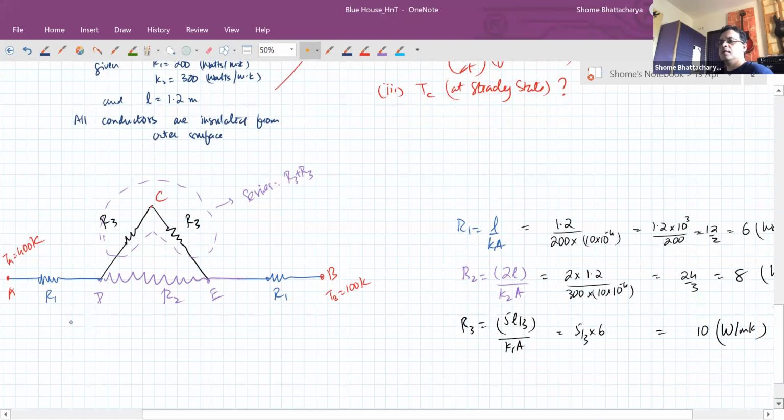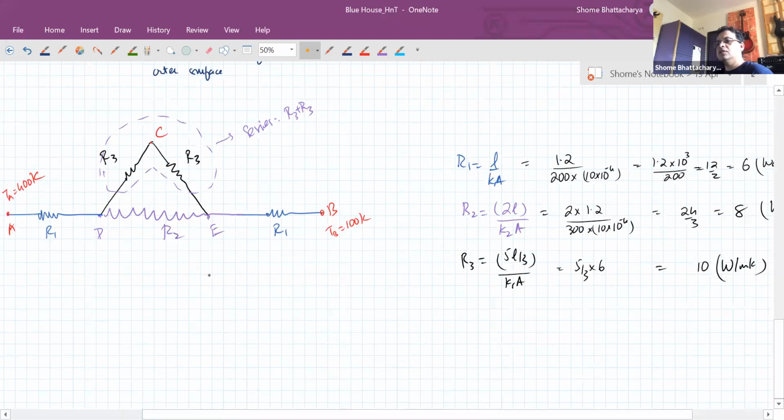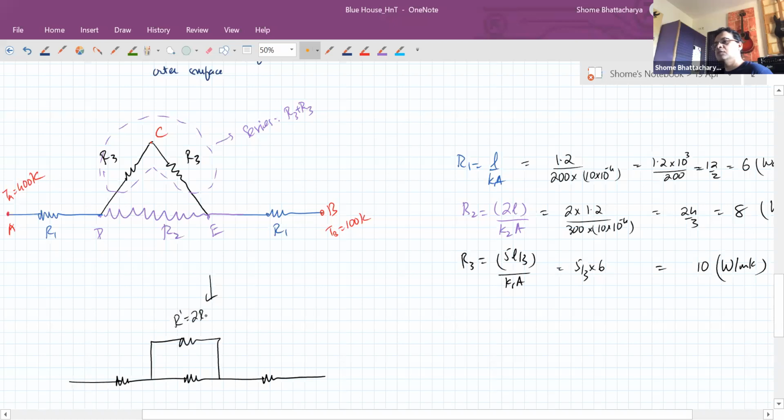So next we will say that this circuit is equivalent to this one. So this is some R prime, let's say, which is 2R3.